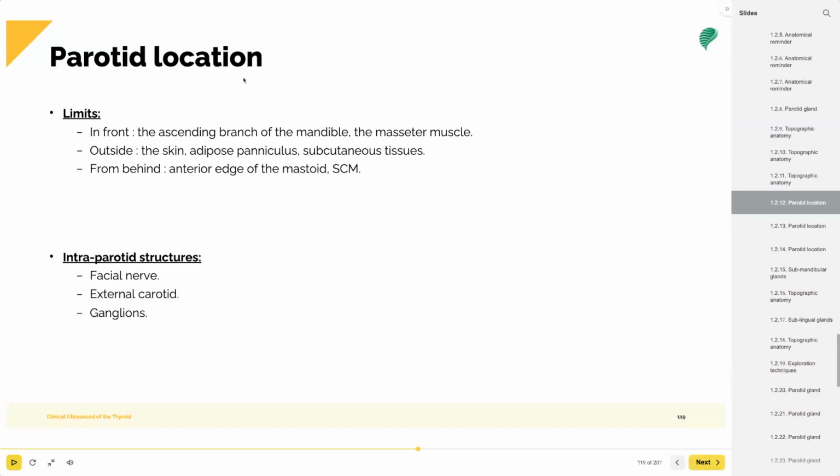Okay, parotid location. So the limits: in front, the ascending branch of the mandible. Outside, there's skin, adipose muscle, and subcutaneous tissue. From behind, we can also view, but you have to be very particular with your angles.